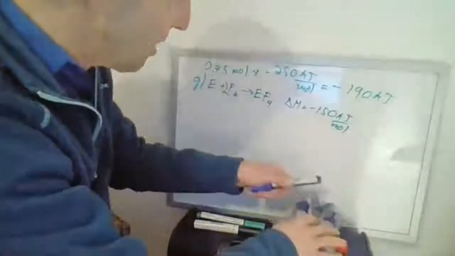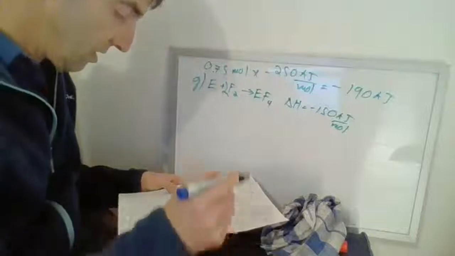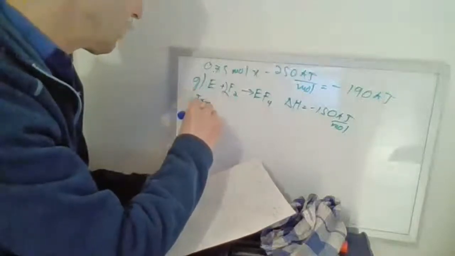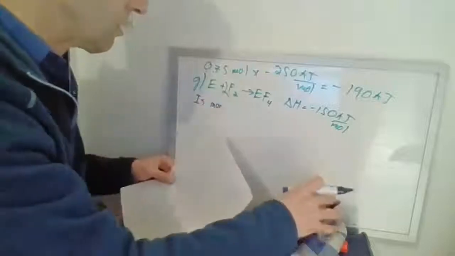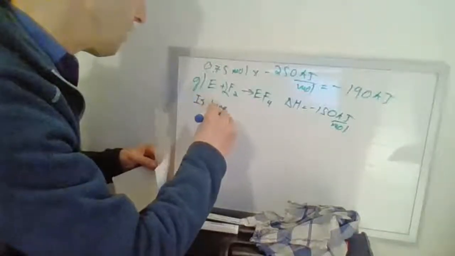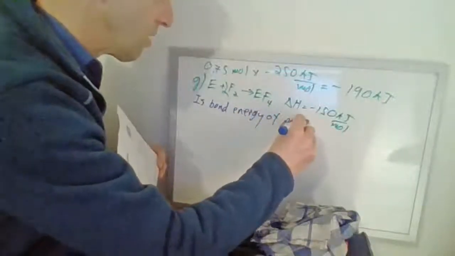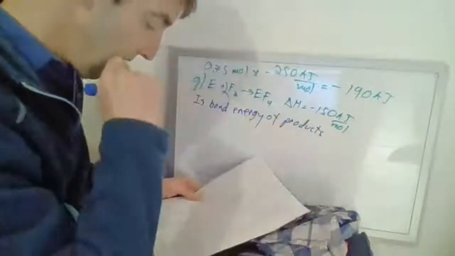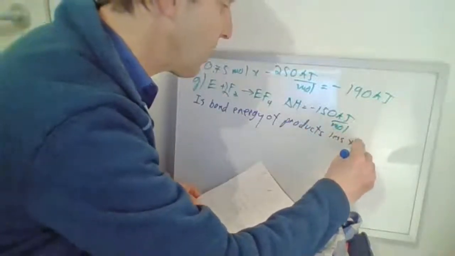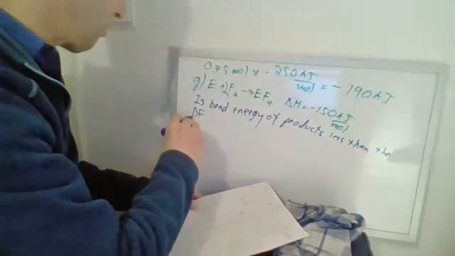this one then. The question was something like, are the bond energies of the products less than the other reaction, the DF4 reaction.